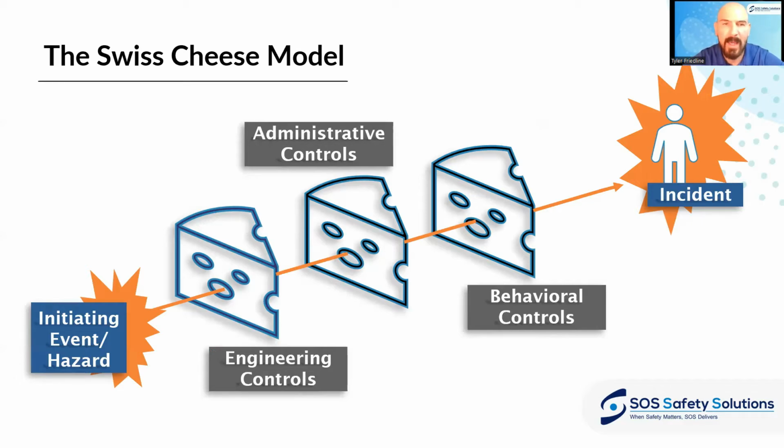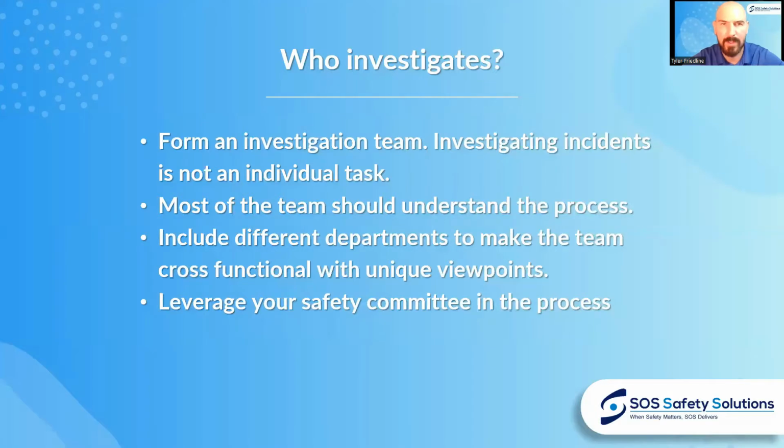And you might have gaps in each one of these categories. And whenever they line up, like a piece of Swiss cheese, those holes just line up correctly for an incident to occur. And that's why, when an incident occurs, there's usually more than one underlying cause, right? We might find issues in the administrative and behavioral area on an incident. It's going to lead us to different causes. So we're not just looking for a single cause.